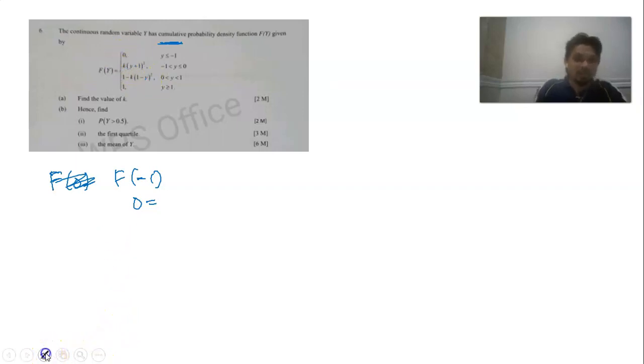We cannot use the value of y which is -1. No, we use 0 then.